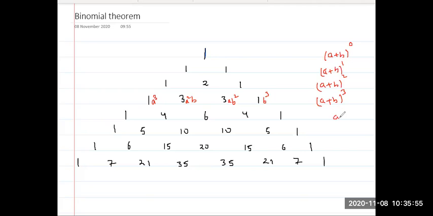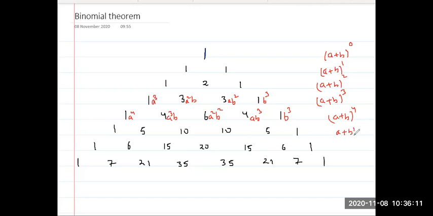If you observe this, (a plus b) to the power 4: a to the power 4, a cube b, a square b square, ab cube, b to the power 4, right?